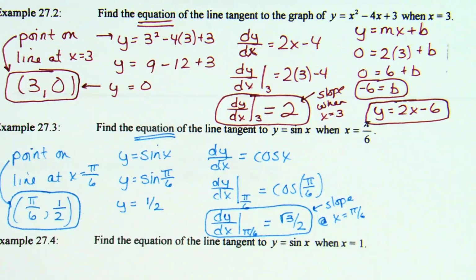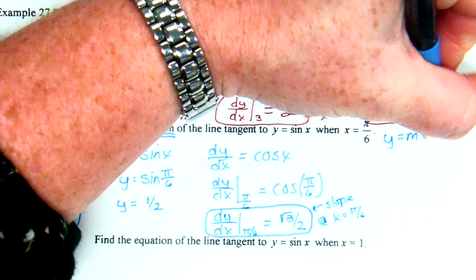So what do I do to write my equation now? Okay. Either y equals mx plus b or y minus y1 equals m times x minus x1. I just found a key from the second test.